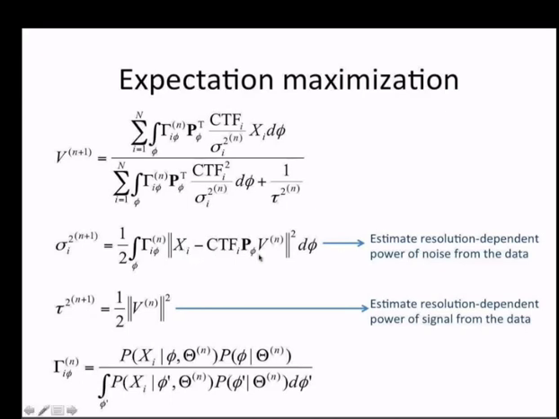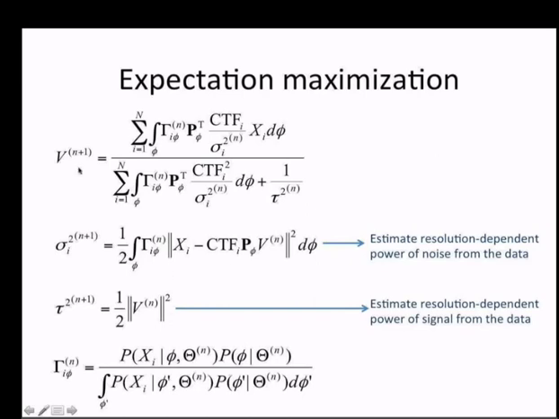The power that's left after subtracting your assumed signal is considered to be the variance of the noise. And similarly, you can estimate the power in my reconstructed signal just by calculating exactly that.